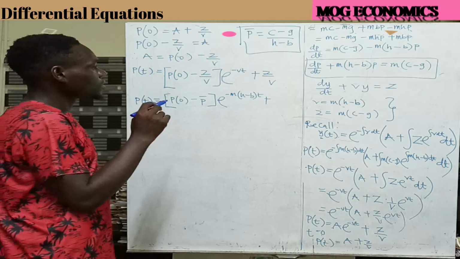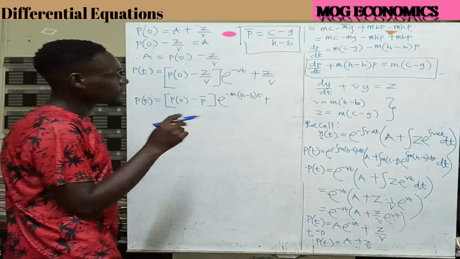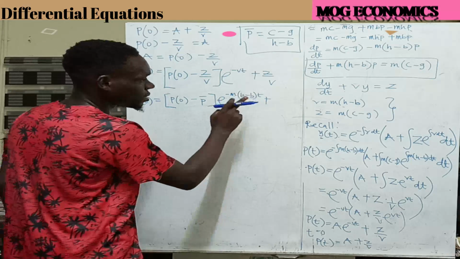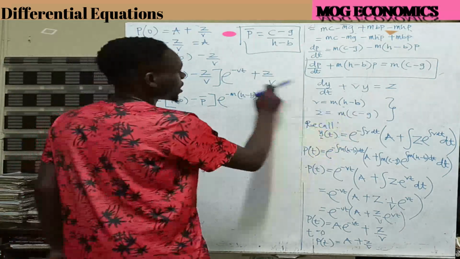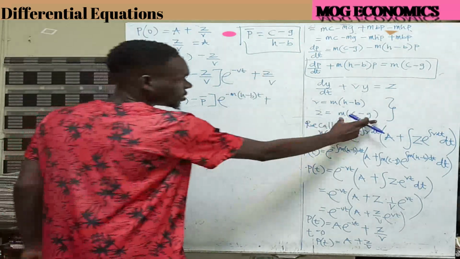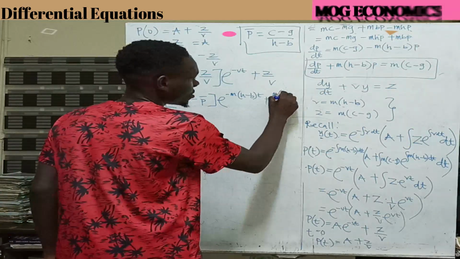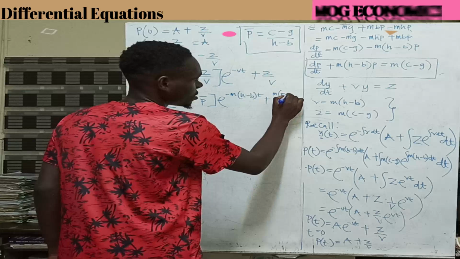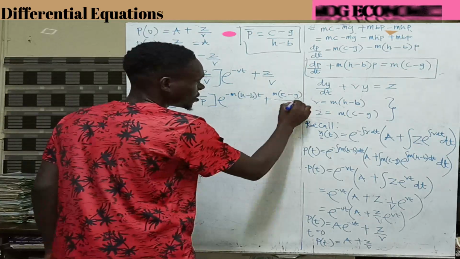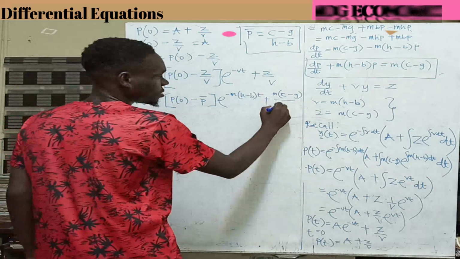What we have here is, our z from here is this. Our v is this.